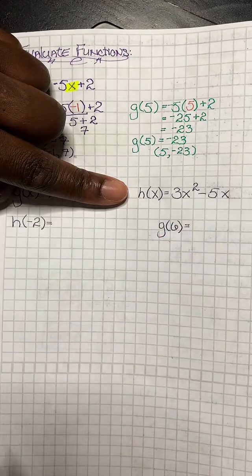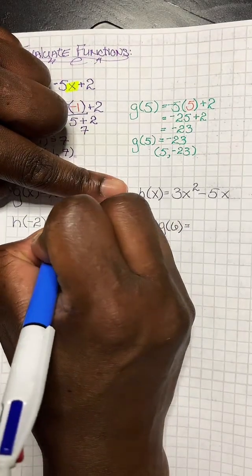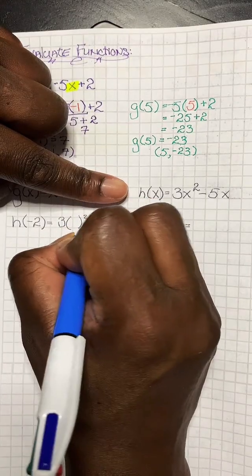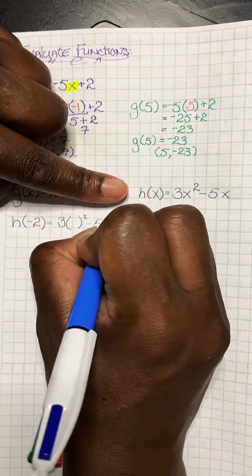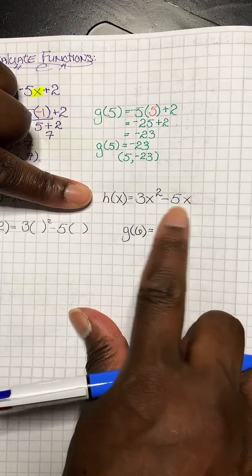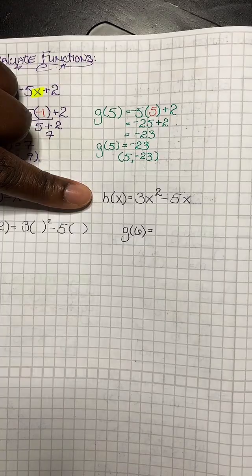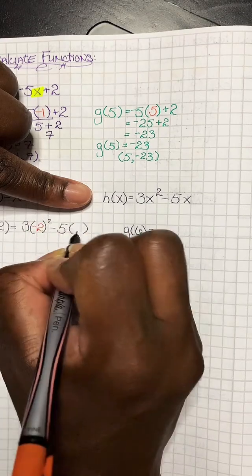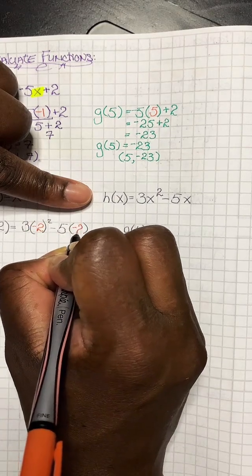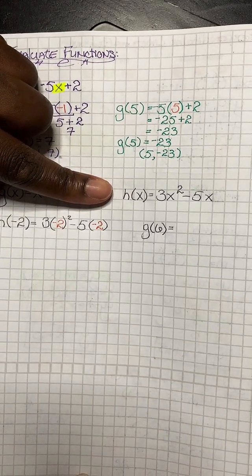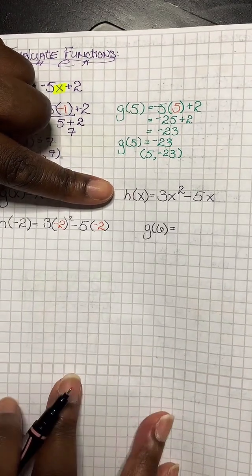So we're going to rewrite, you have your 3, and instead of an x, you're going to put a negative 2. And as you can tell, there are 2 spots that have x's. So we have negative 2 here and a negative 2 here. Okay, so I'm going to zoom in.